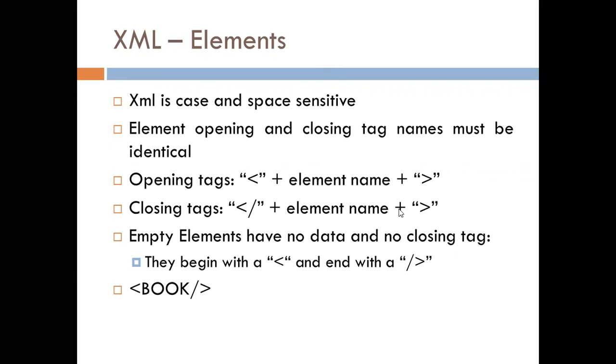If data is not present, then the same opening tag can be used for closing also, but this time the forward slash is used at the end. So book like this indicates the data is not present and it is completely empty. Instead of writing a separate closing tag, the same one can be utilized by writing a forward slash in the opening tag itself.